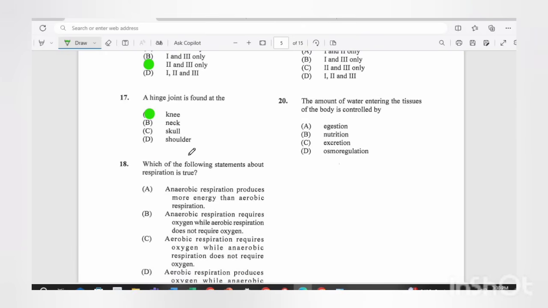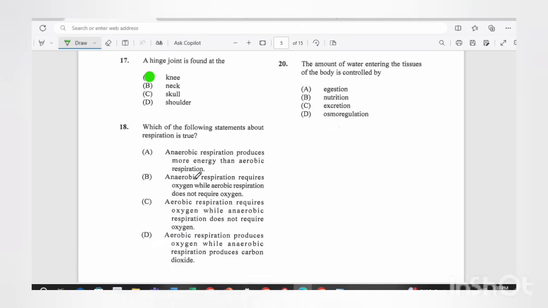Question 18. Which of the following statements about respiration is true? A, anaerobic respiration produces more energy than aerobic respiration. B, anaerobic respiration requires oxygen while aerobic respiration does not require oxygen. C, aerobic respiration requires oxygen while anaerobic respiration does not require oxygen.